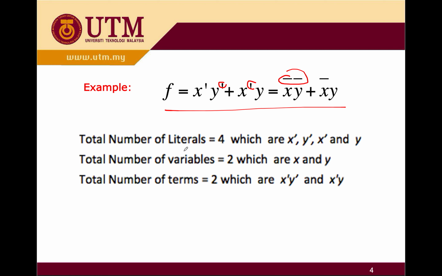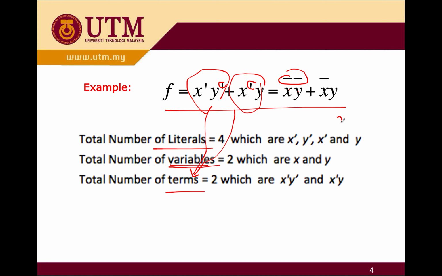So this is just to inform you what the literals, variables and terms are. So for terms you have this 1 and 2. And variables you can check over here, you have only x and y.